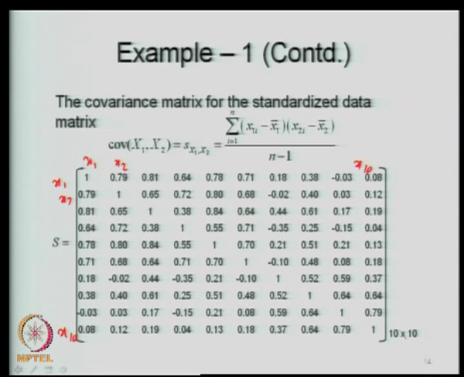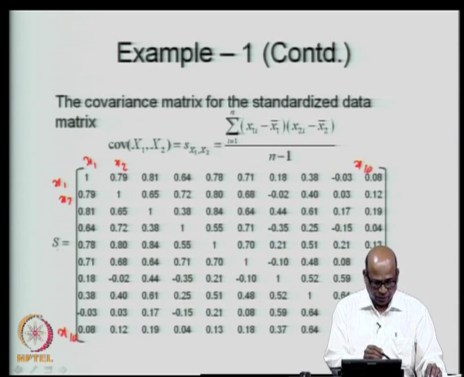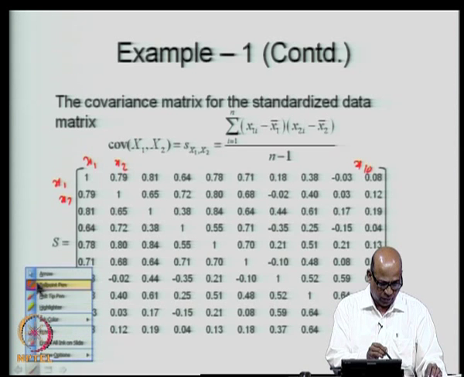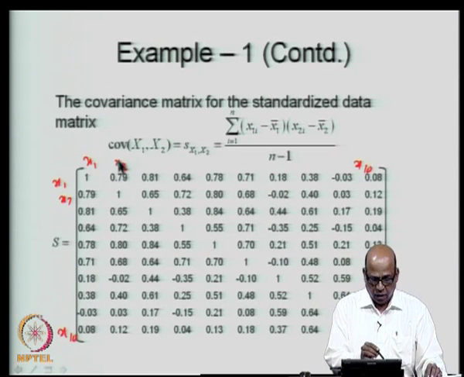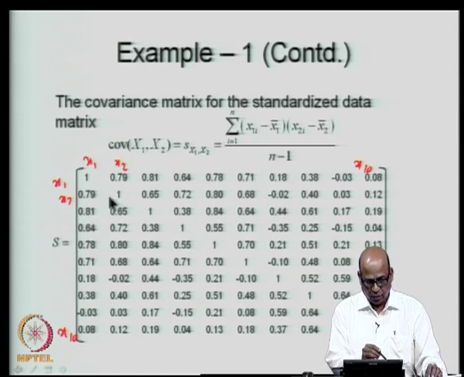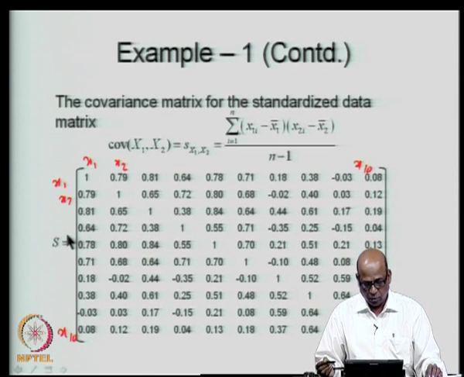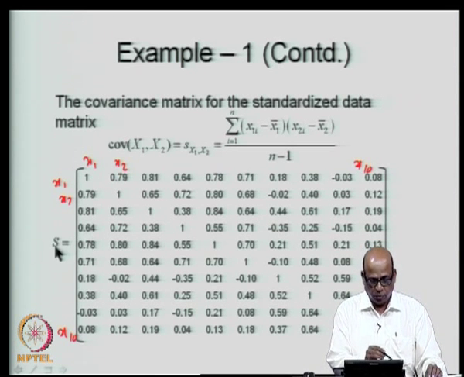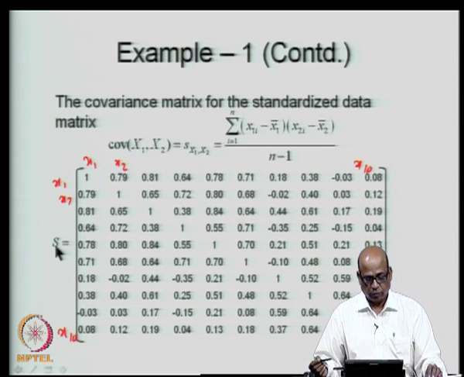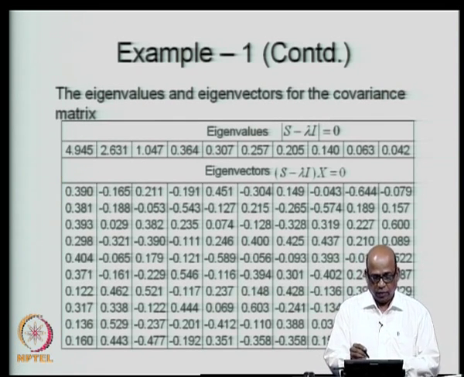For obtaining the eigenvectors, first you have to get the eigenvalues. So, let us get the eigenvalues. If I denote the covariance matrix as the matrix S, I should be able to get the eigenvectors and the eigenvalues corresponding to the matrix S. How do I get that?